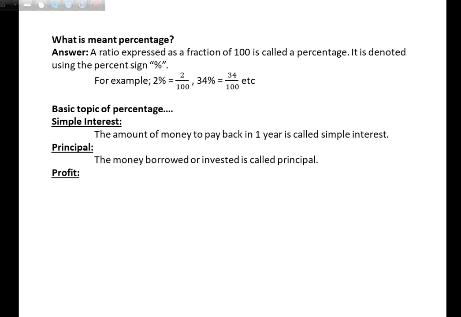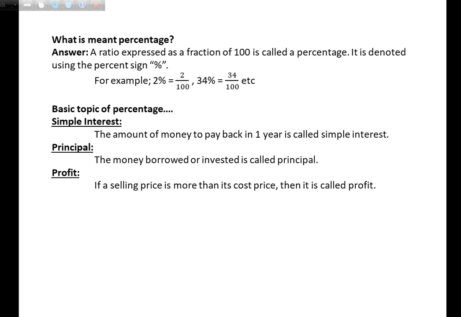And the next topic is profit. What is profit? We know there are two types of price: selling price and cost price. Profit occurs when the selling price is more than the cost price. The equation is expressed as profit equals selling price minus cost price.